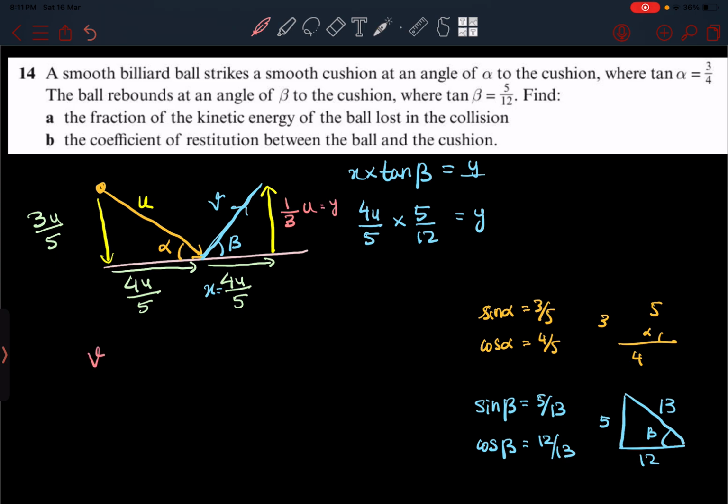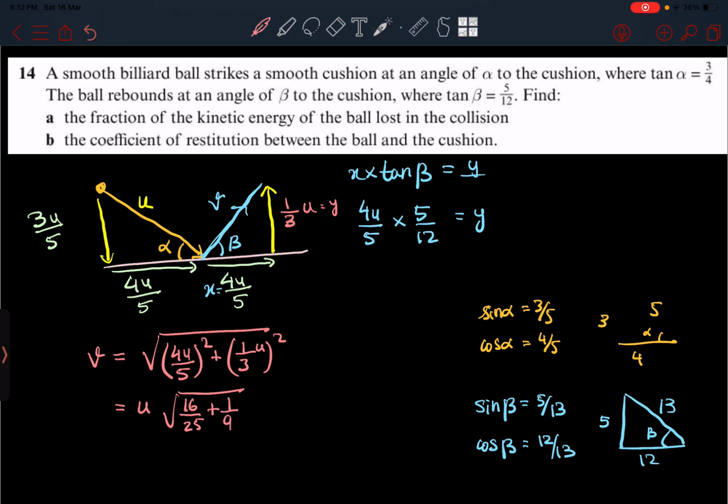Now that makes life much easier, because I can then work with y and x. I can figure out v is equal to the square root of (4u over 5) squared plus (1/3 u) squared, which would then be u times the square root of 16 over 25 plus 1 over 9.